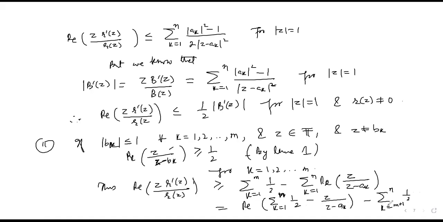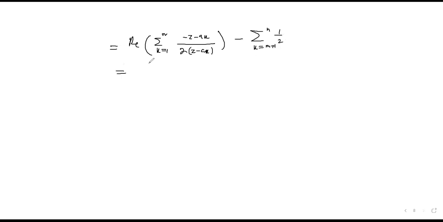This is actually equal to real part of, what do I get, summation k runs from 1 to n of minus z minus a_k, calculation done, divided by 2 times z minus a_k, but I have another term, summation k runs from m plus 1 to n of 1/2.